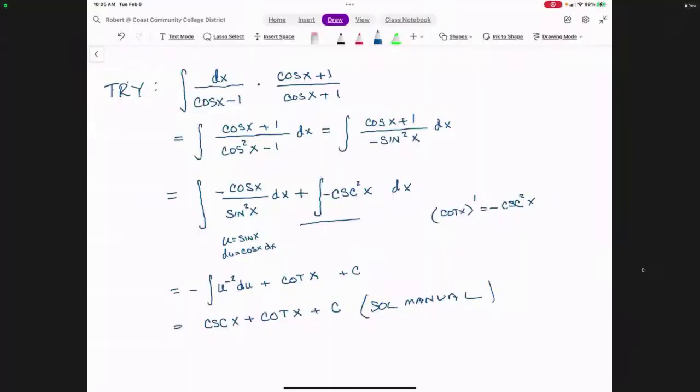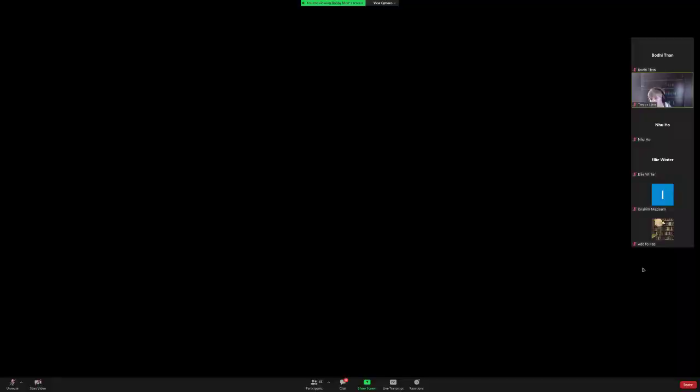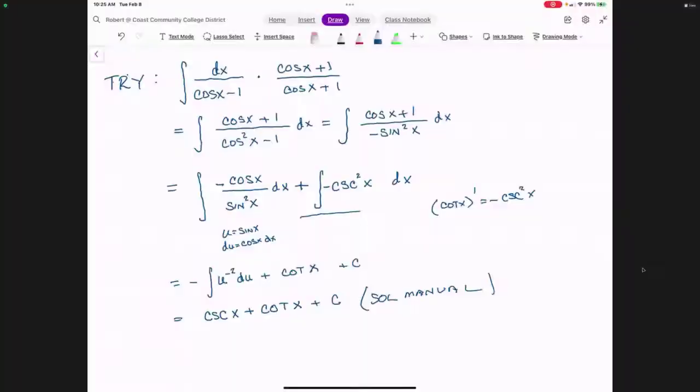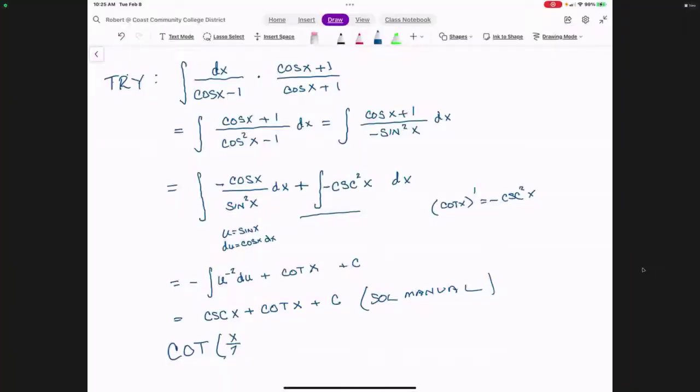So we have a bit of an interesting little thing here. Apparently the cotangent of x over 2 is the same as the cosecant of x plus the cotangent of x plus some constant.